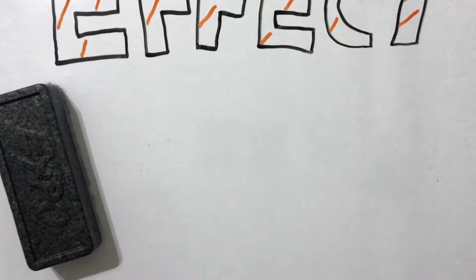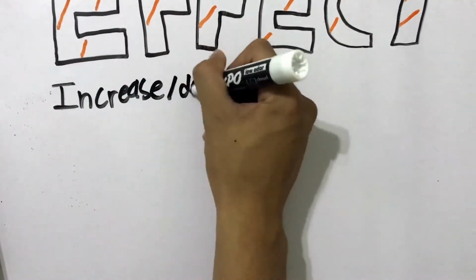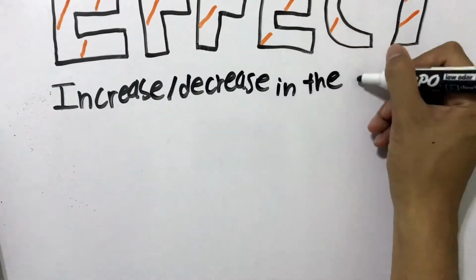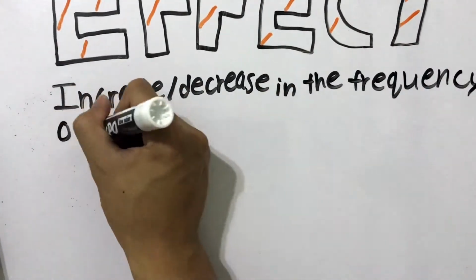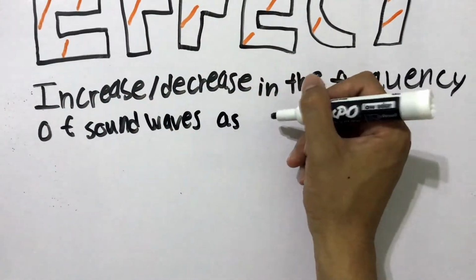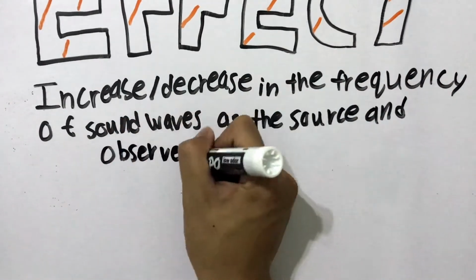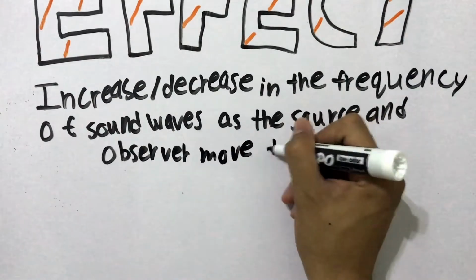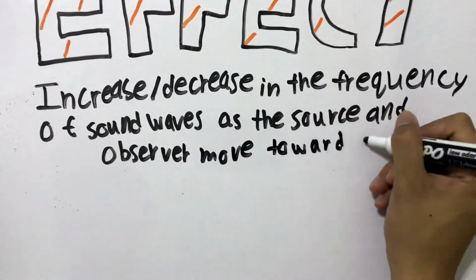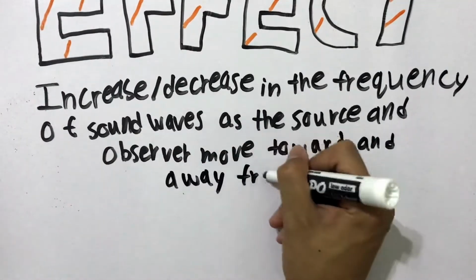We can describe the Doppler effect with this definition: the increase or decrease in the frequency of sound waves as the source and observer move toward and away from each other.